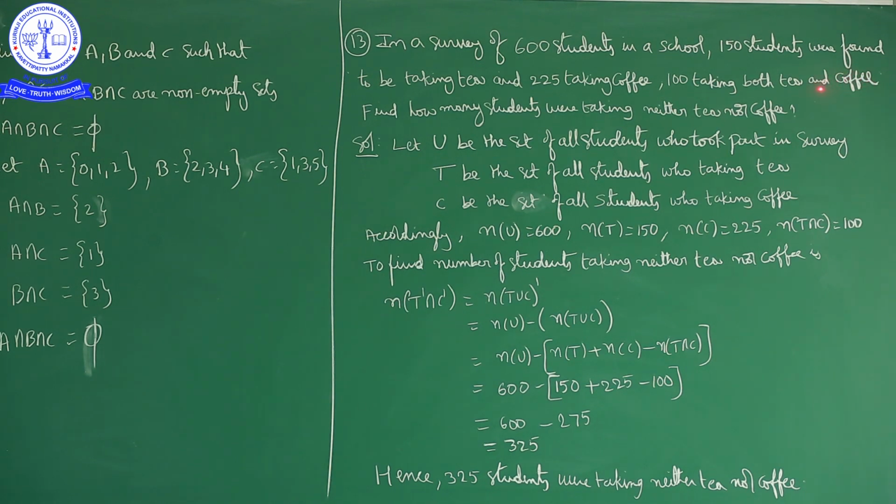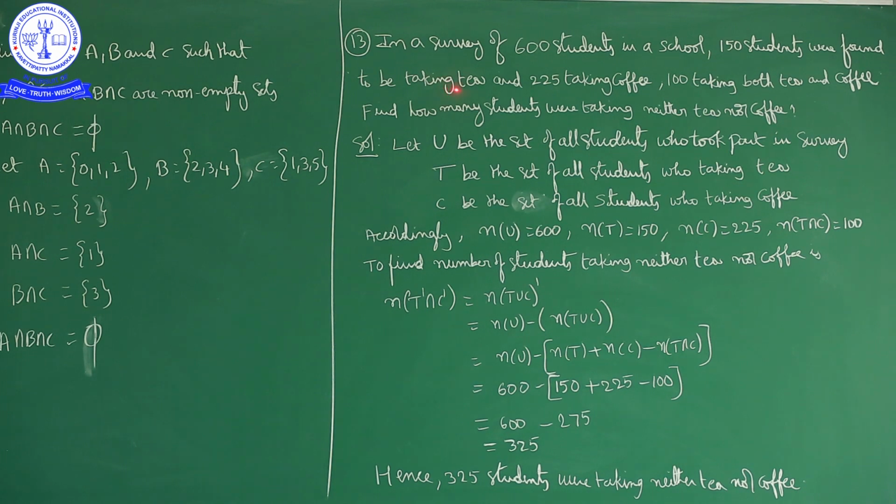This is the information given. Now find how many students were taking neither tea nor coffee. This is the question.